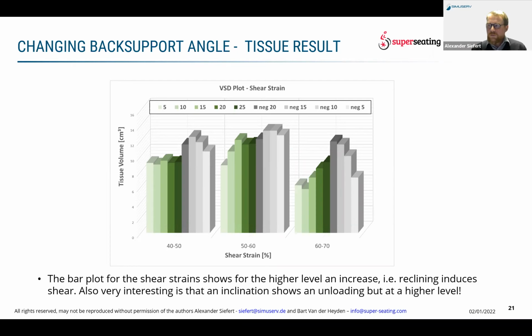We are on a higher level. At the end, we are at higher levels than the starting point, which means you cannot say you only get an increase. When you come back, you're at a higher level of shear strain; you're not reaching the same state. This is maybe also an interesting point we get from this dynamic analysis.